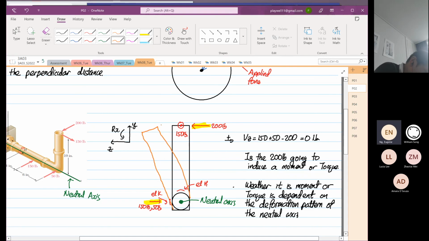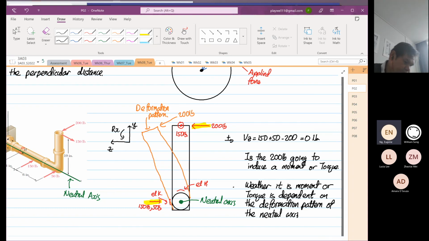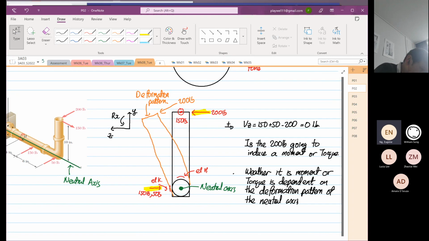So this is where the 200 pounds is acting on. And I'll write this as the deformation pattern. And what you see over here, the neutral axis still remains in the same point. Yes or no?